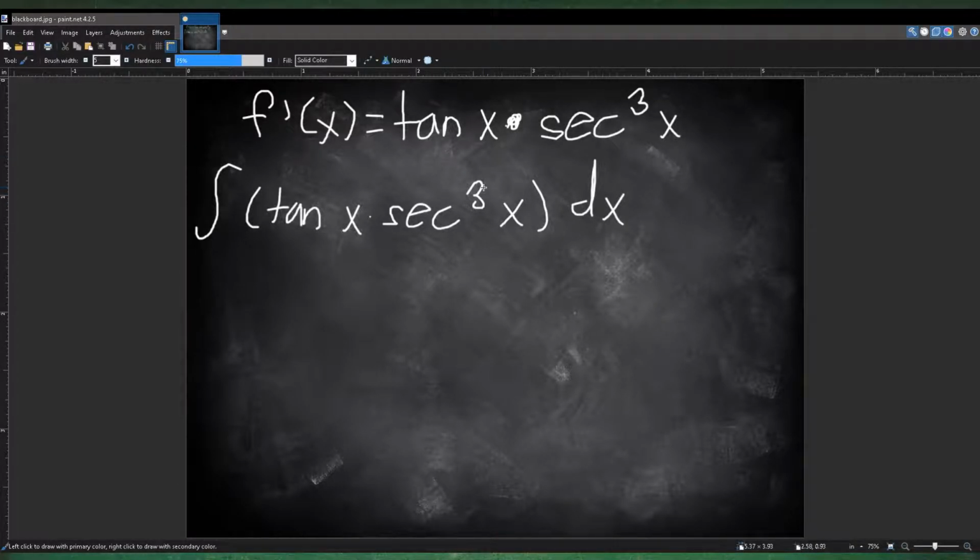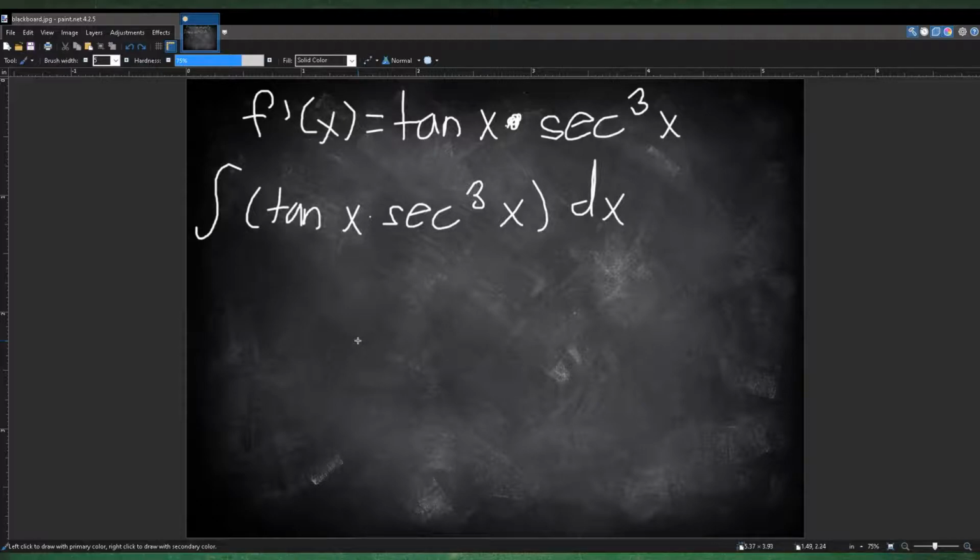The first thing I notice is that we don't like to simplify, because if we did, tangent would be sine over cosine, and secant is 1 over cosine, but that's cubed, so that's cosine cubed. That's sine over cosine to the 4th, which is really strange. So technically we don't like to work with that method, but we could if you want.